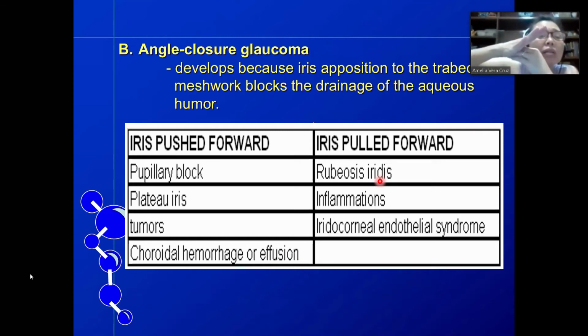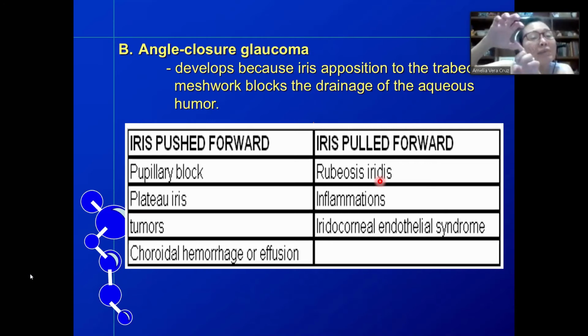Kasi if there is inflammation, iris, when inflamed, will stick to any part of the eye that is nearest to it. Okay? Now, kung nandito yung inflammation, ang pinakamalapit sa kanya is cornea. So magdidikit siya dito. Now, if the neovascular formation naman nasa may pupil at yan ang mag-inflame, didikit siya.